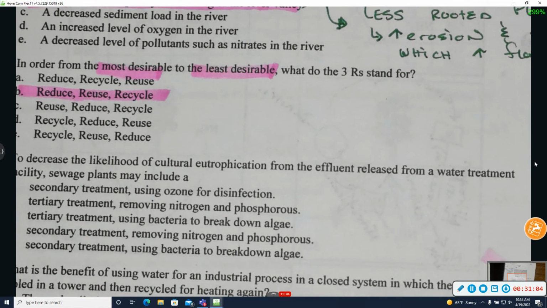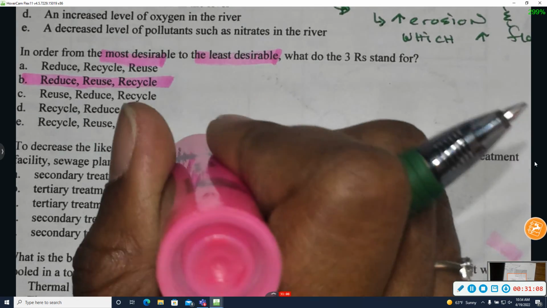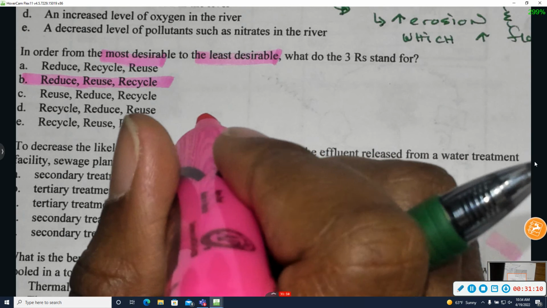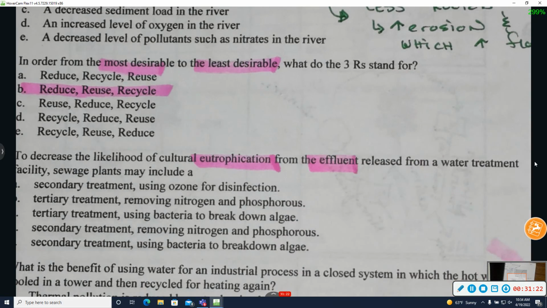Alright, so to decrease the likelihood of cultural eutrophication, from the effluent.